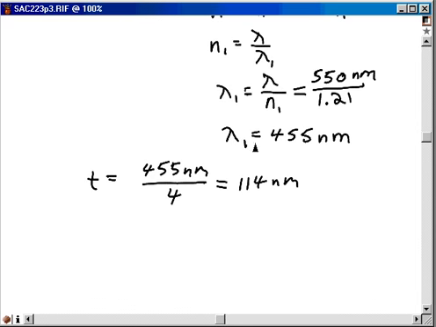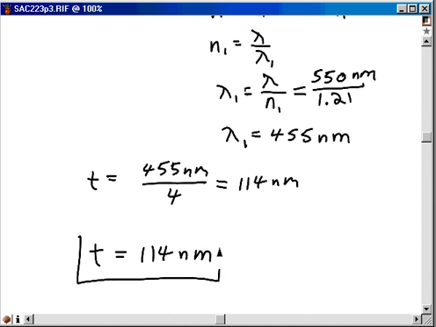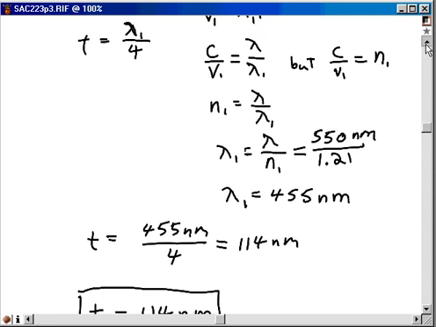I did try keeping this one to 4, and you wind up with the exact same result once you round the final answer down to 3 sig figs. So 114 nanometers is the thickness of that coating that you need on the lens to minimize the reflection.